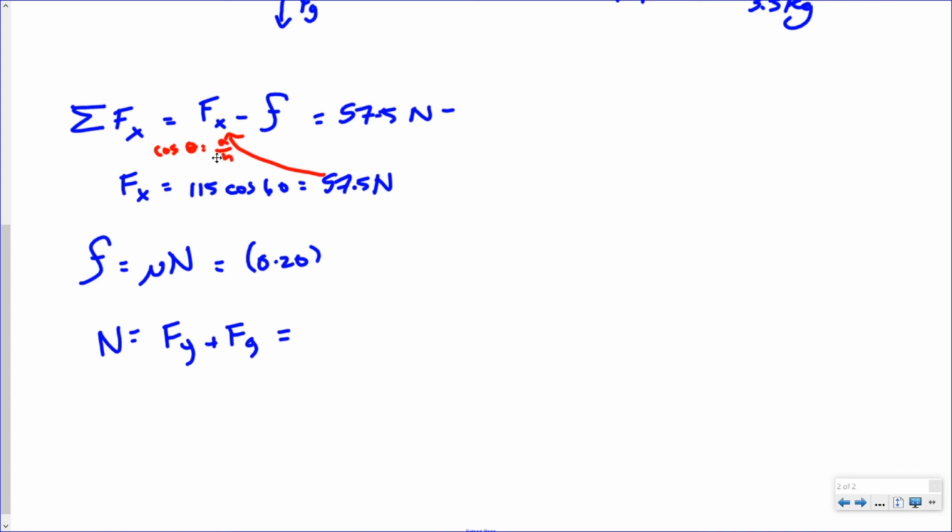Fy is the opposite, so when we rearrange, we're going to really be doing 115, the hypotenuse, times sine of 60. How do we find Fg? Well, Fg is just the mass times gravity, right? So we have 115 sine 60 plus the mass was 3.5 times the acceleration due to gravity, 9.81.